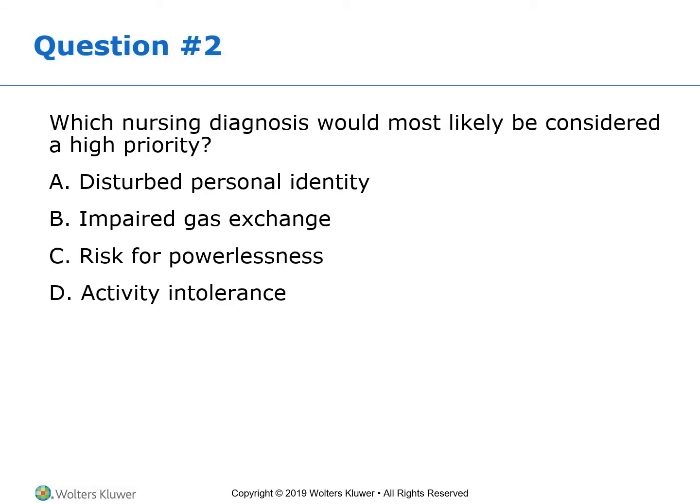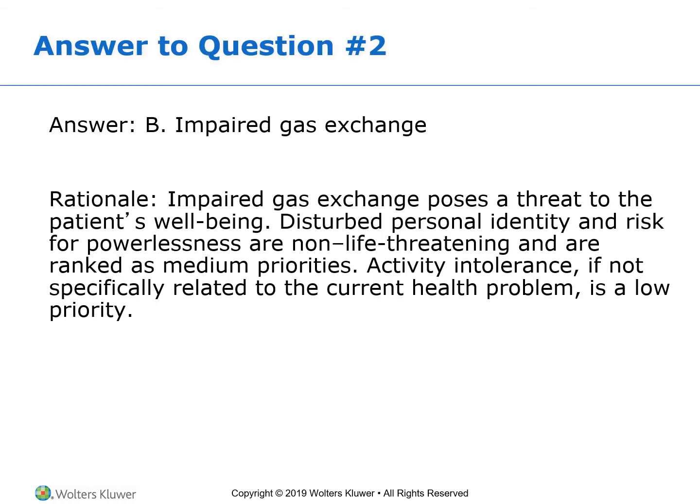So which nursing diagnosis would most likely be considered a high priority? Answer B, impaired gas exchange. Impaired gas exchange poses a threat to the patient's well-being.